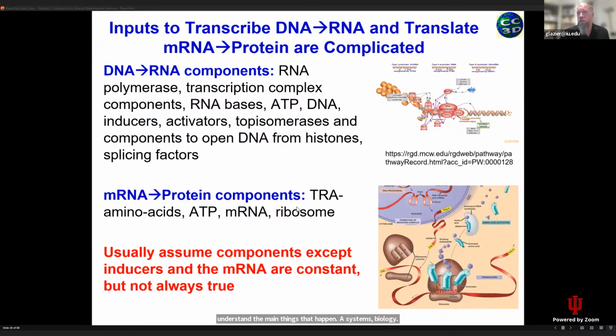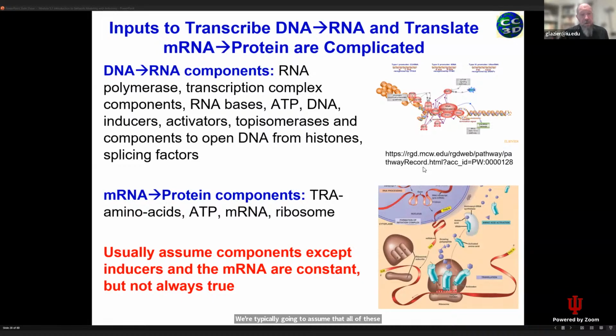We're going to typically assume, also in translation, when we translate messenger RNA into protein, that we have the transfer RNAs and their cargoes present. We're typically going to assume that all of the components we need for these machines to work are there.